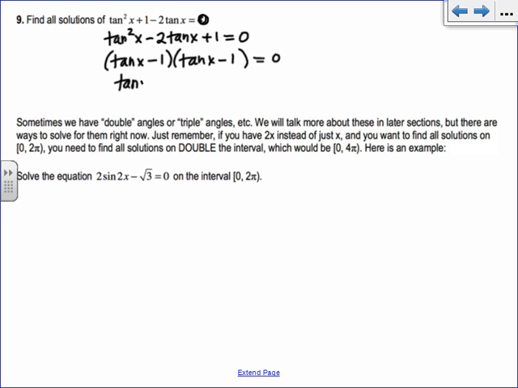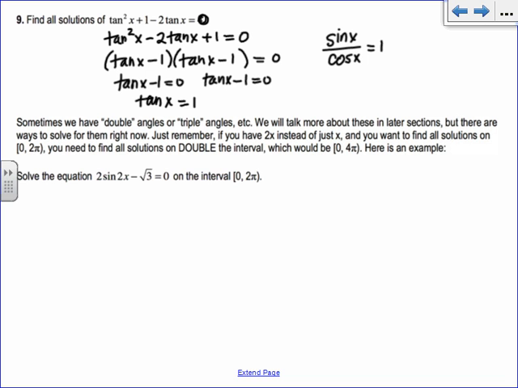All right, so I set each piece equal to 0. And it actually ends up being the same solution, right? It's tangent of x is equal to 1. We talked about this a little bit with tangent. Tangent is sine over cosine, right? So what we have is sine of x over cosine of x equals 1.